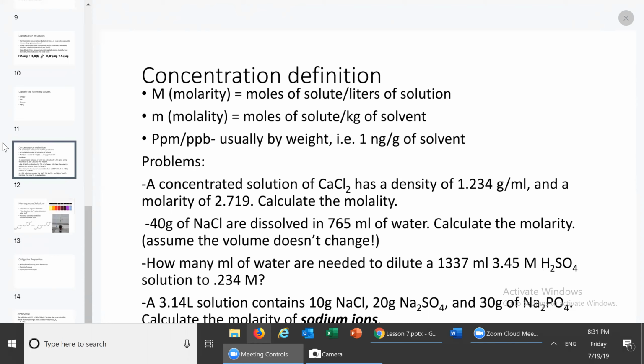Right now the volume is given in milliliters, so we need to find it in liters. Great, 0.765 liters. Good.